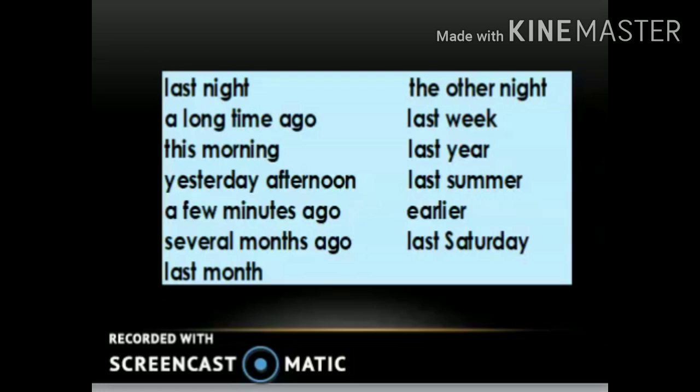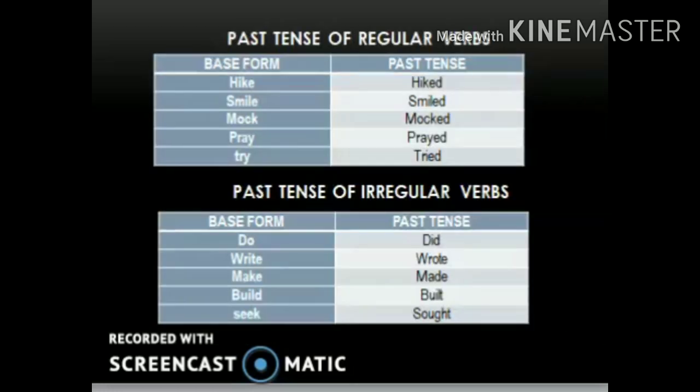Here are time expressions that require you to use the simple past tense. Although your English teacher has already taught you this, let's still recall how the past tense of verbs is formed.